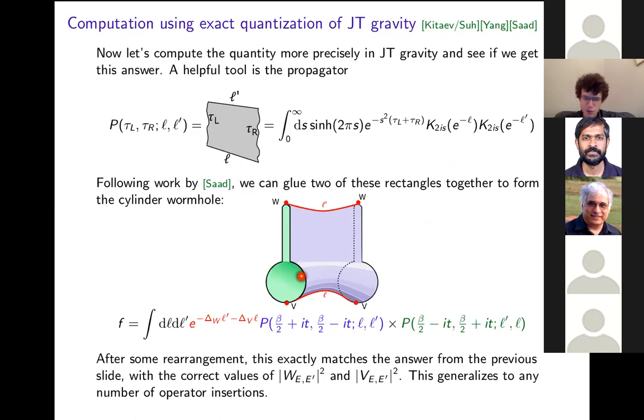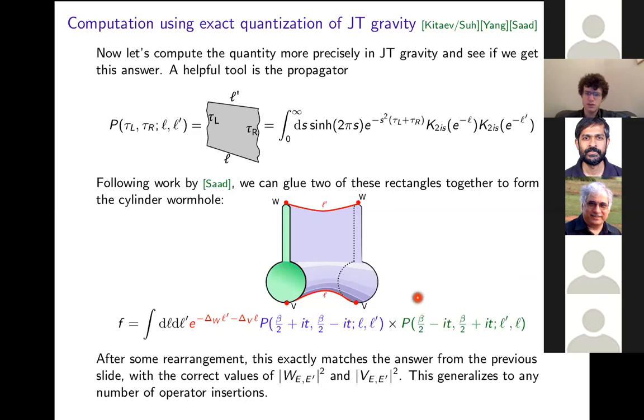So to make this wormhole, you just take two rectangles, a blue rectangle and a green rectangle, and you glue them together. And gluing them together just means multiplying these things together and integrating over L. So it's a very simple calculation. And then the matter is only introduced insofar as the deficit angles generated due to conformal dimensions.